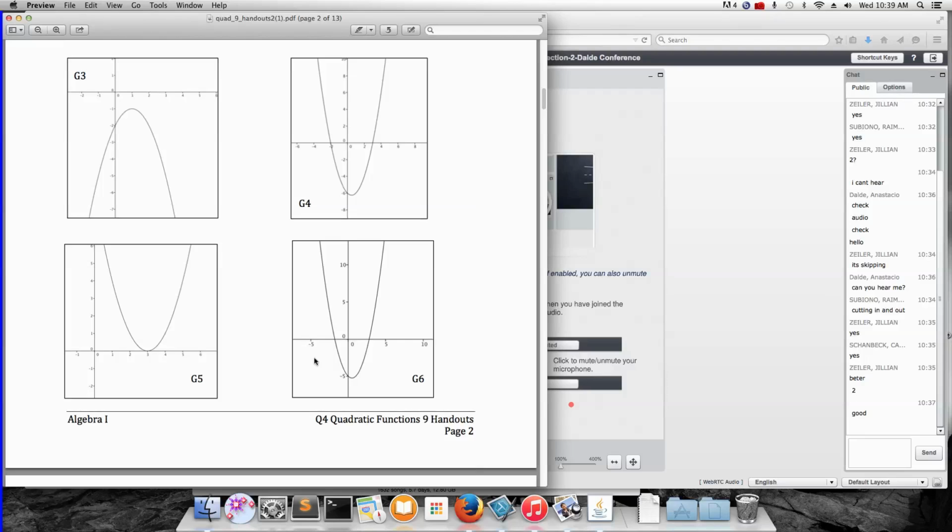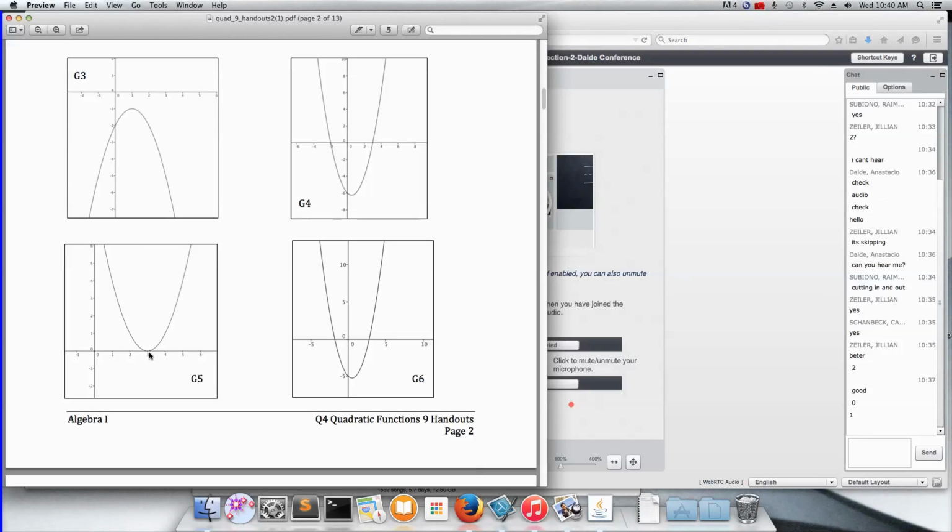So, here's another thing. How many zeros does graph 5 have? Let's look at G5. How many zeros does this thing have? No, it has some. It's got one of them.